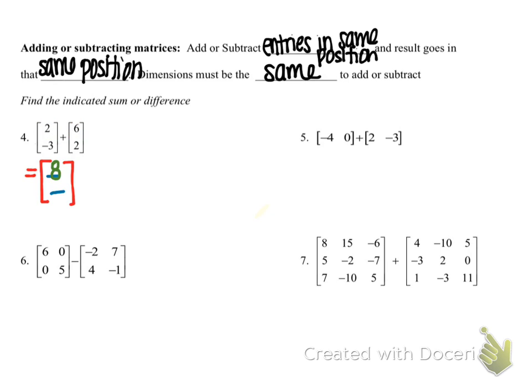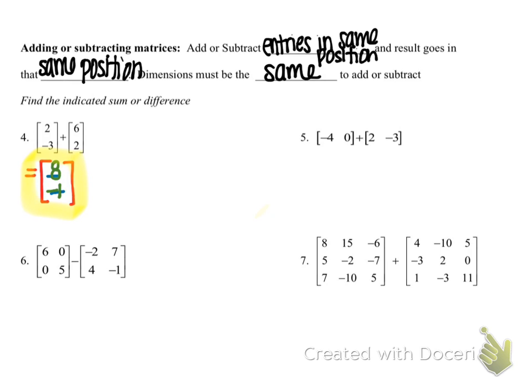Look at the bottom entries. What's negative 3 plus 2? Negative 3 plus 2 is negative 1, and since we used the bottom entries, we have to put it in the bottom of our answer. This matrix right here is our answer.